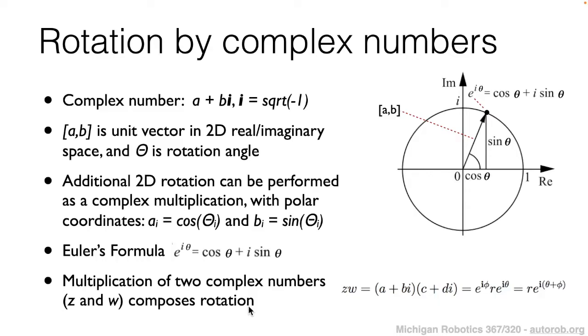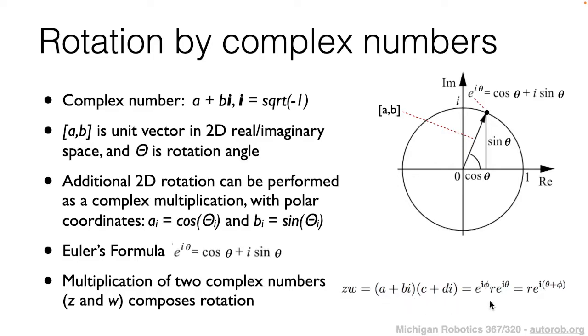If we have two complex numbers and we take their product, we can express that in this equation here, in vector notation.